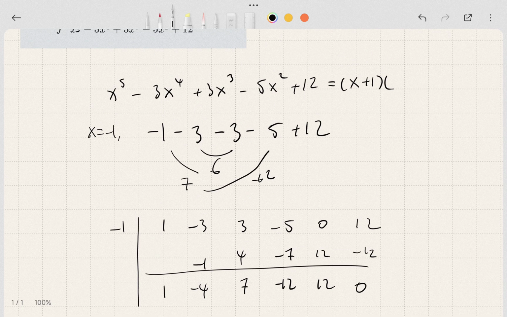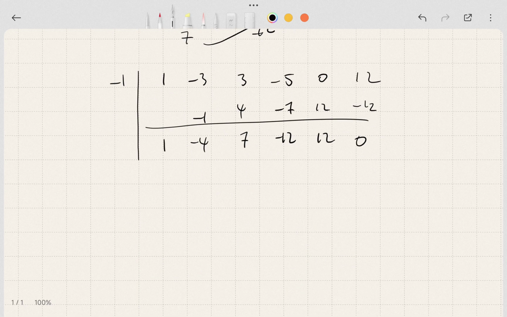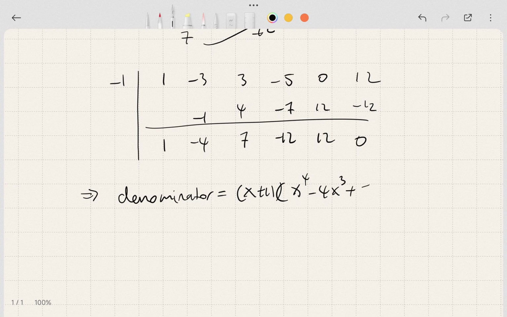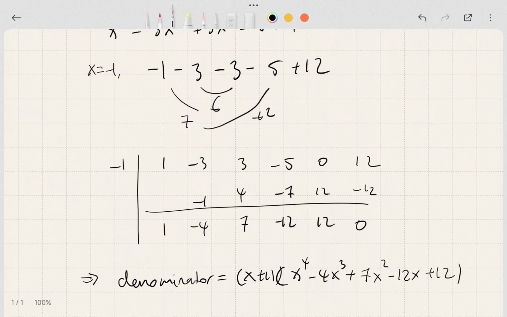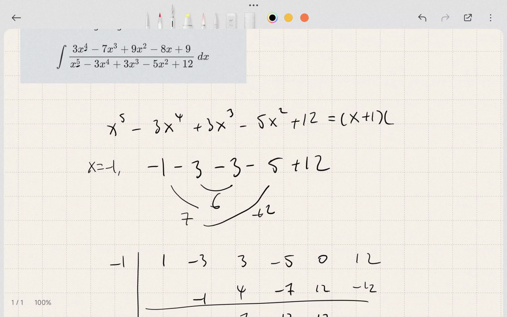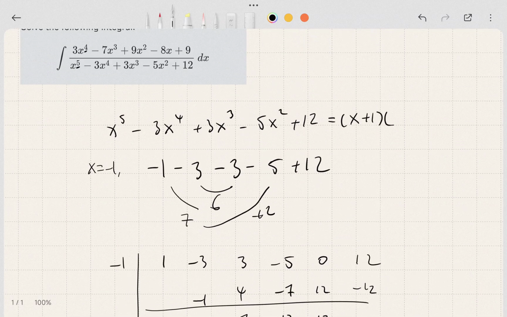So it's x plus 1 times. So that means the denominator can be factorized as x plus 1 times x to the power 4 minus 4x cubed plus 7x squared minus 12x plus 12. So this is sort of what we have here.